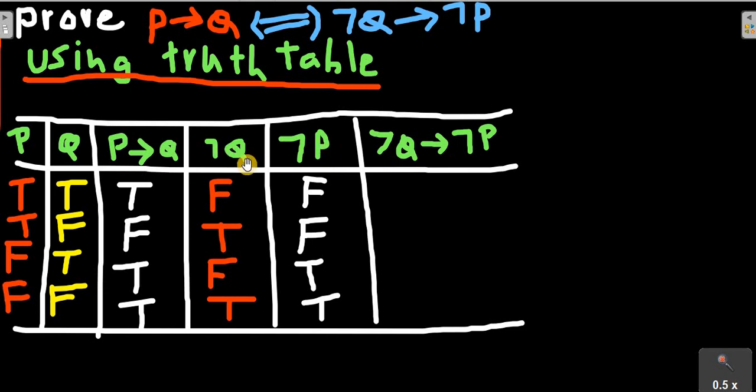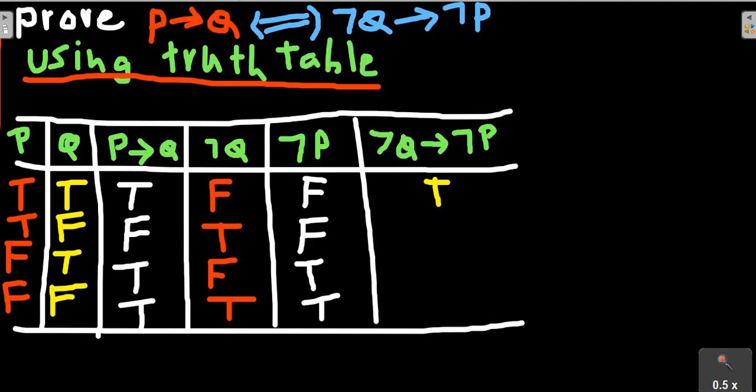Now take these two compound statements. This is one compound statement, this is another compound statement, and apply the implies connective between these two. What you are getting is false implies false, you have to get true.